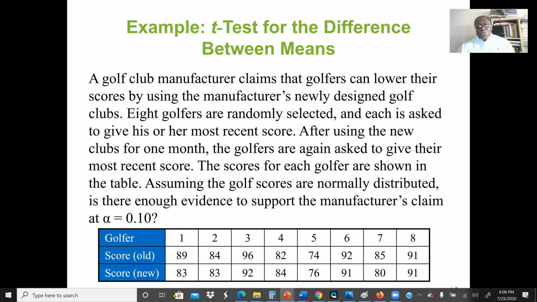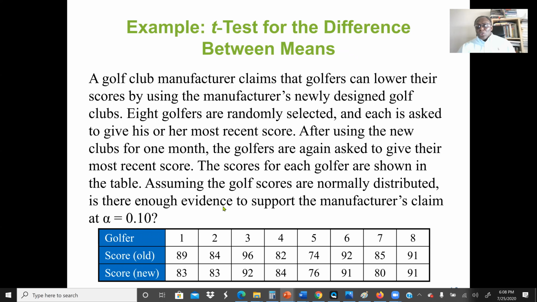Our goal now is to do hypothesis testing and see whether the manufacturer's claim holds, that golfers can lower their scores by using the new clubs.